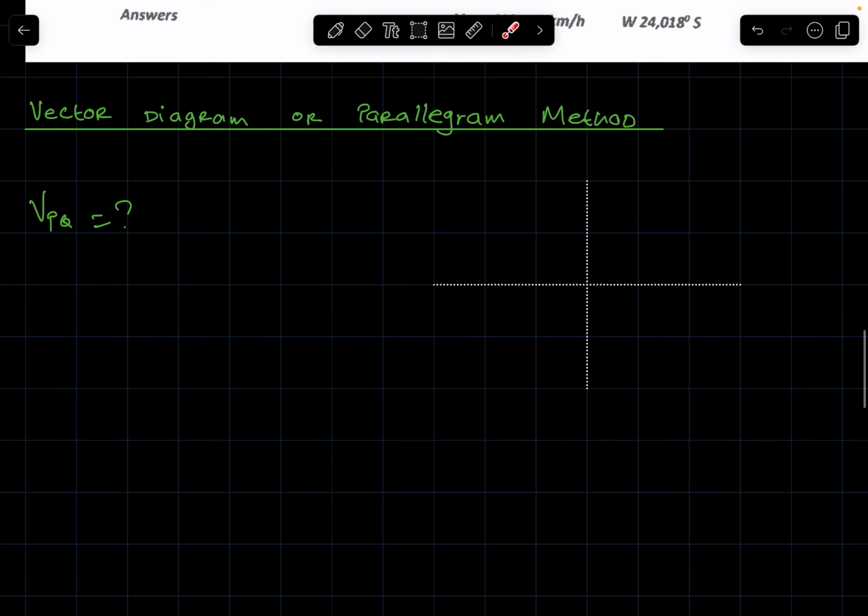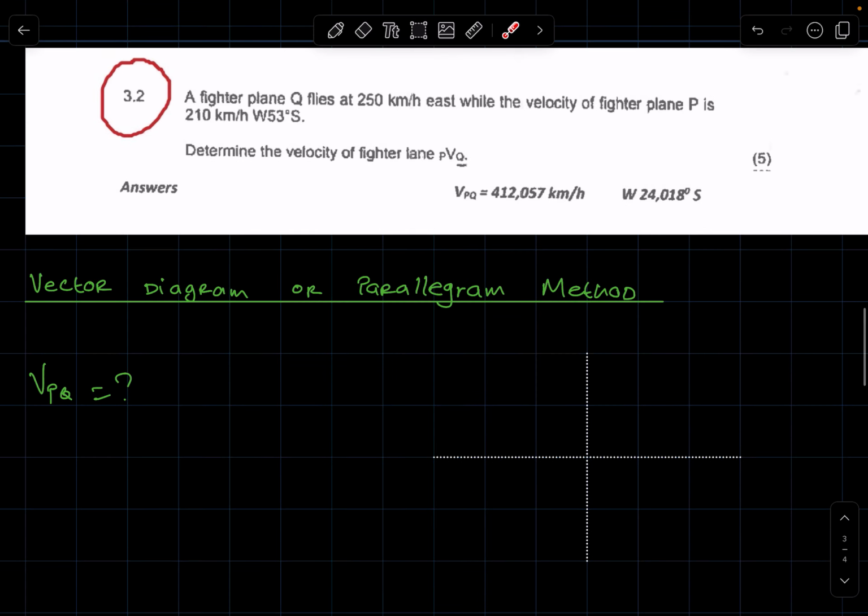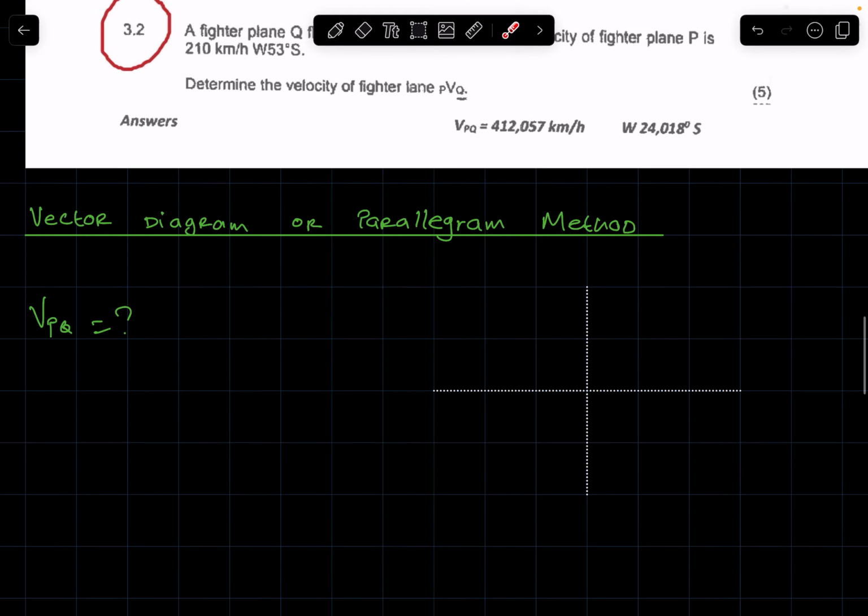Now we are using the parallelogram method, so we have to draw a parallelogram. How we go about doing that, you have to use somewhat of a scale, because the idea around using the parallelogram method is so that you are able to establish the quadrant that the resultant velocity is going to be in.